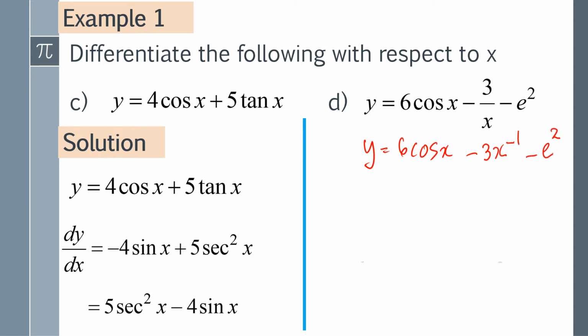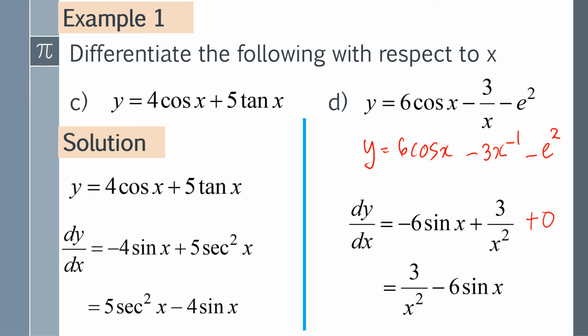Now we differentiate dy/dx. Differentiate cos, we get negative sin, then differentiate 3x to the power of negative 1, we get negative 3 over x squared. Now differentiate e to the power of 2, we get 0. We simplify until we have negative 3 over x squared minus 6 sin x.